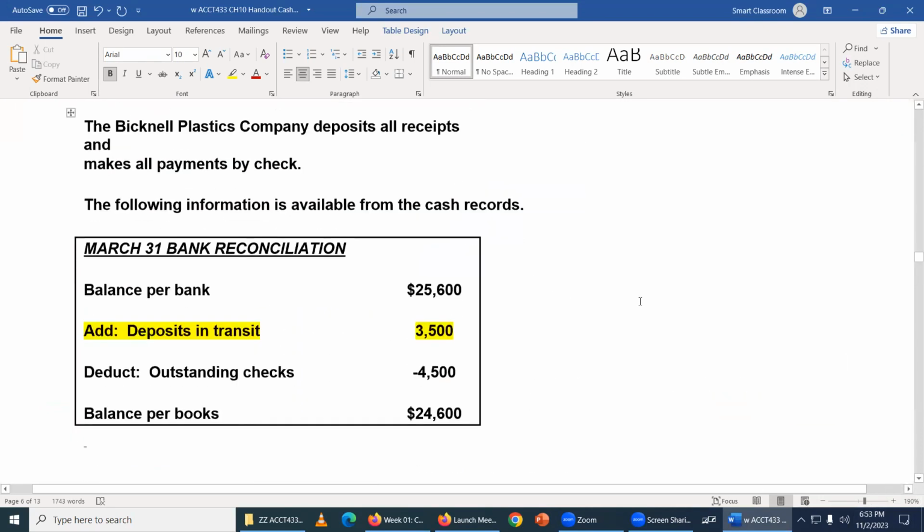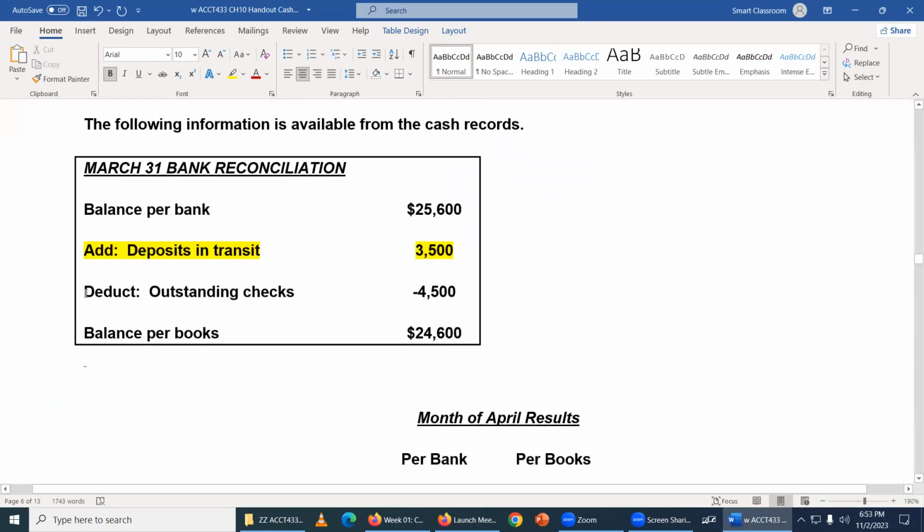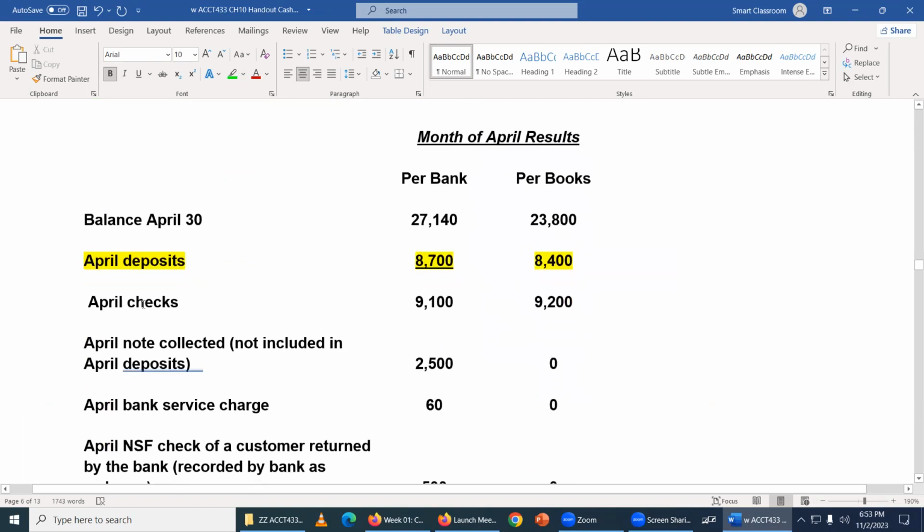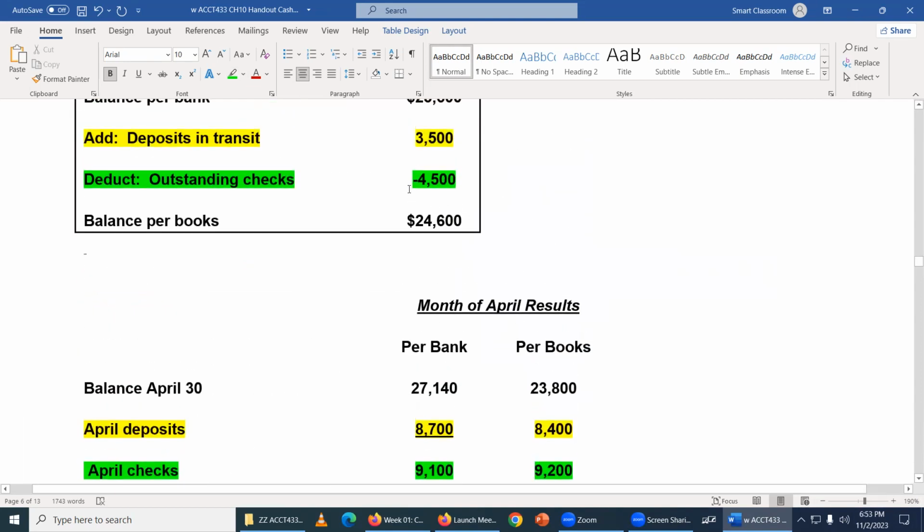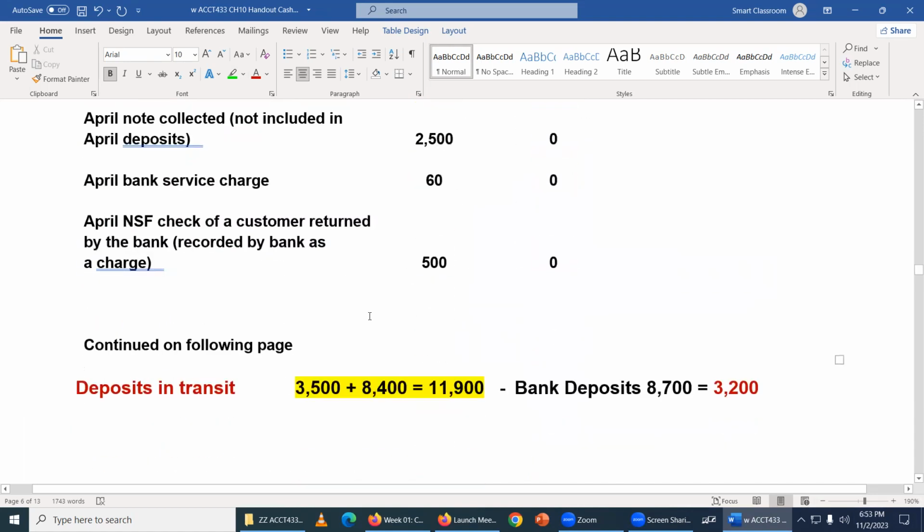We're going to do the same thing with the outstanding checks, although I'm going to be a little smarter and not goof it up, hopefully. So outstanding checks. We wrote 9,200 of checks. We had 4,500 that were still outstanding, so we're going to add those two together.